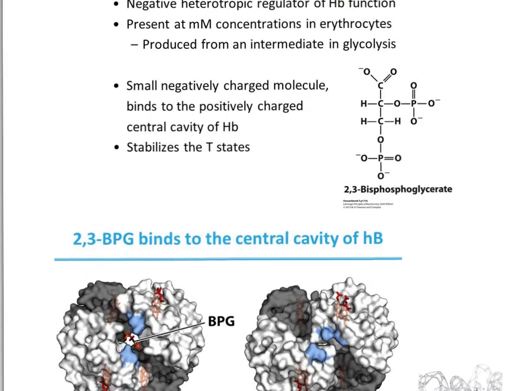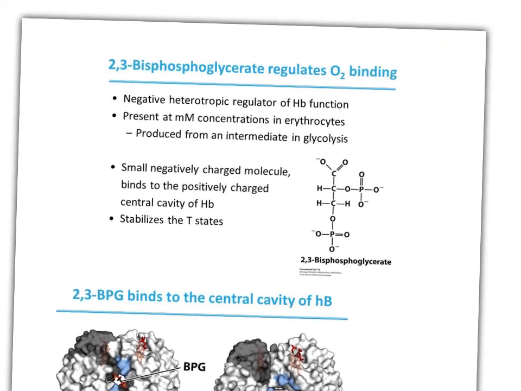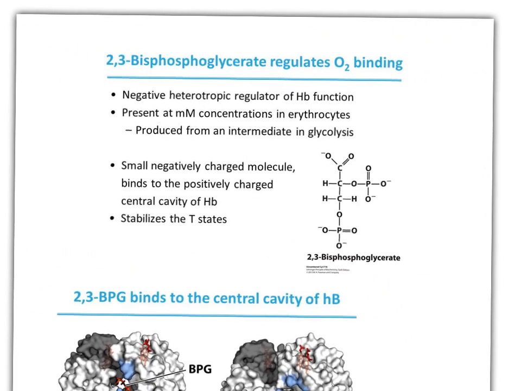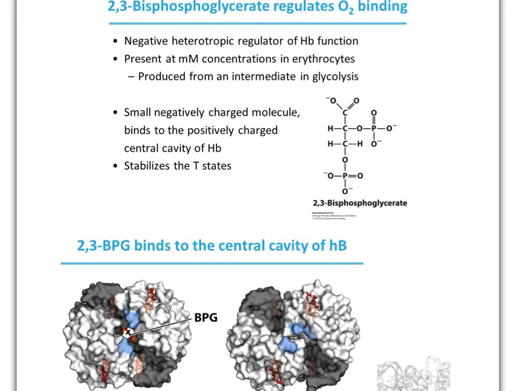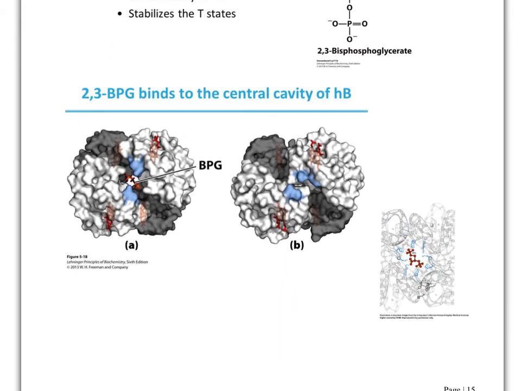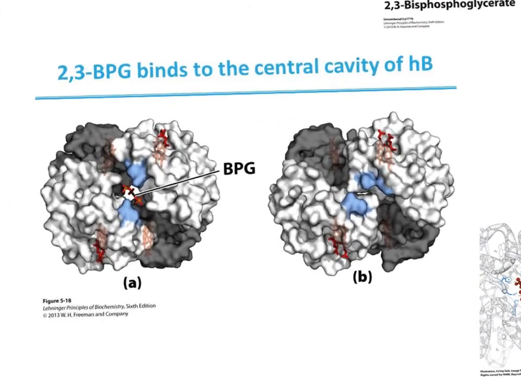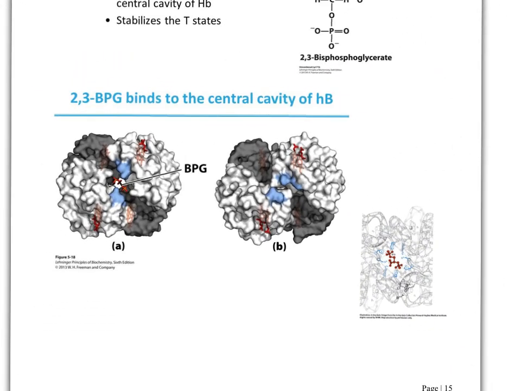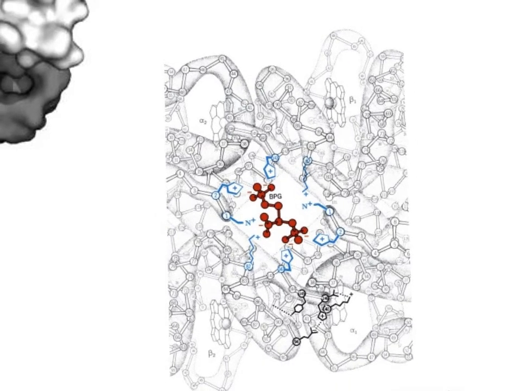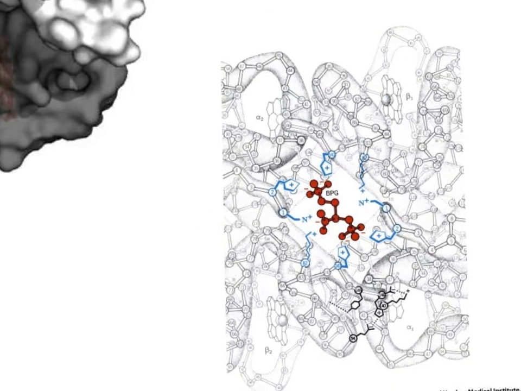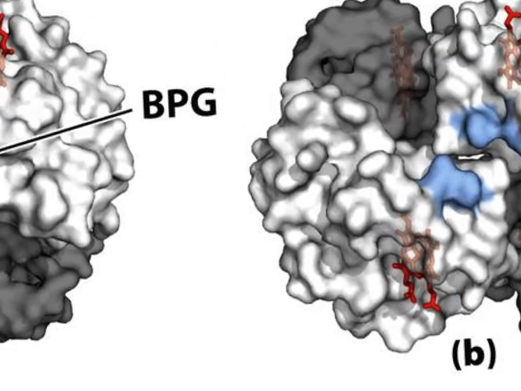So here's 2,3-bisphosphoglycerate right here, and it's relatively small. It's negatively charged, and as I just showed you, it's an intermediate in glycolysis, and it fits in the hole. This is just another picture of the same thing. You can see the 2,3-bisphosphoglycerate binds into the hole of the T state, but not the R state.